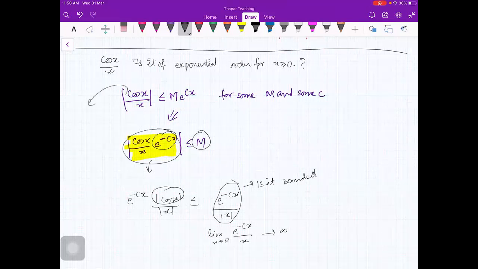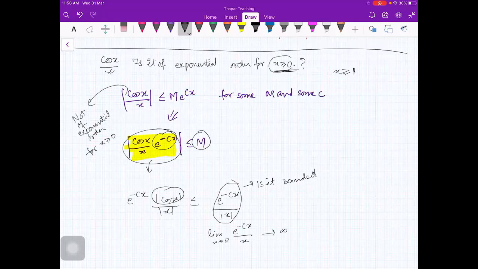So this function is not of exponential order for x greater than equal to 0. Is this thing clear, beta? अगर 0 को आप exclude कर दोगे, for x greater than equal to 1 or x greater than equal to 2, then it can be of exponential order. But here you are saying that you want to start from 0.